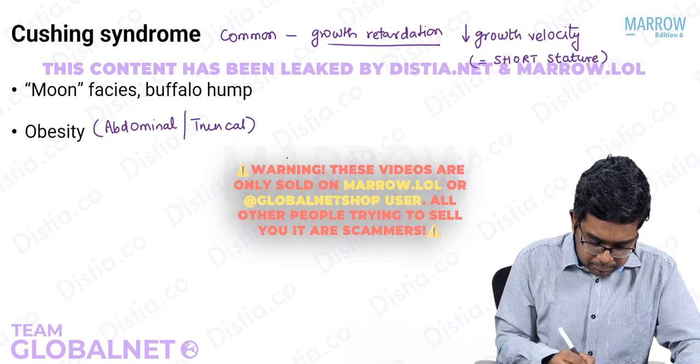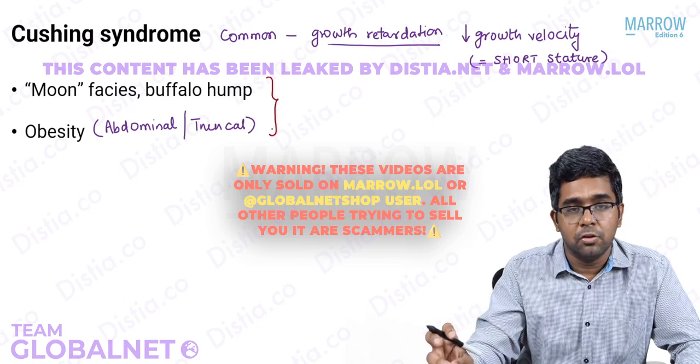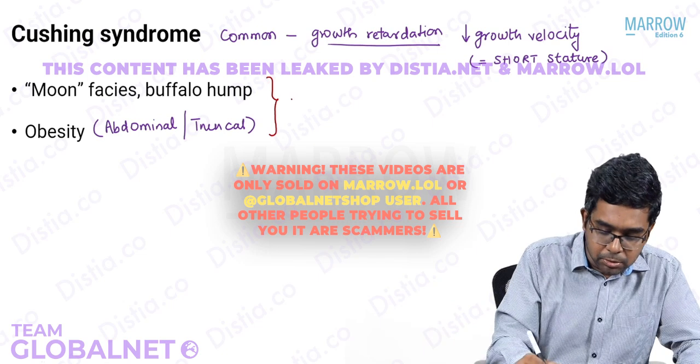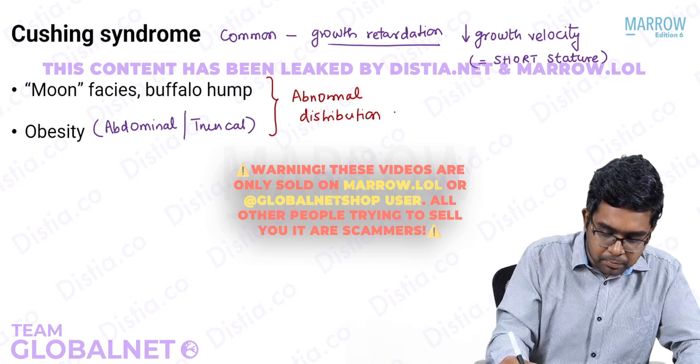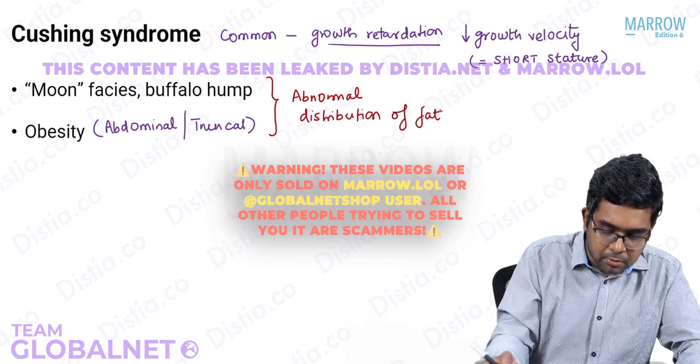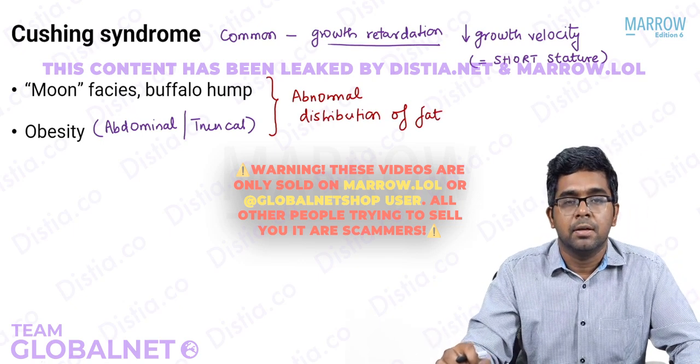The common reason attributed to moon facies, buffalo hump and obesity is abnormal distribution of fat, which occurs under the influence of excess glucocorticoid.